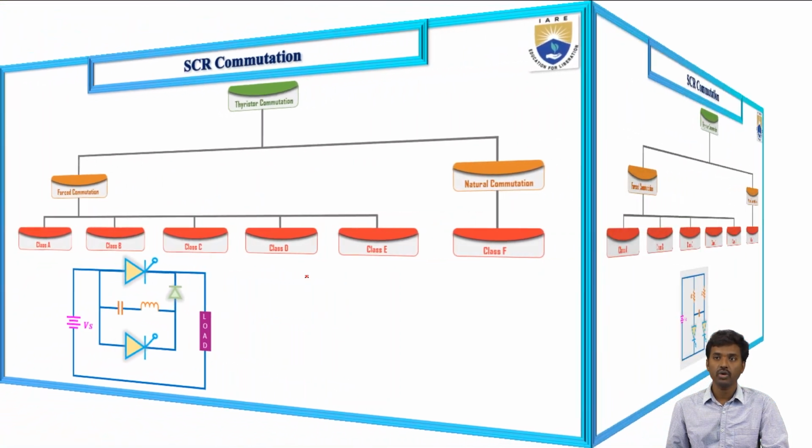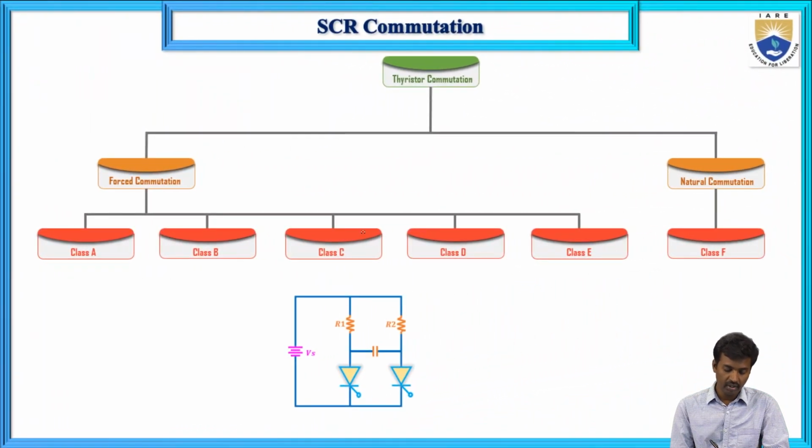Now when the anode current is less than the holding current, this SCR will be turned off. Now complementary commutation means initially T1 and T2 are turned off. First turn on T1.